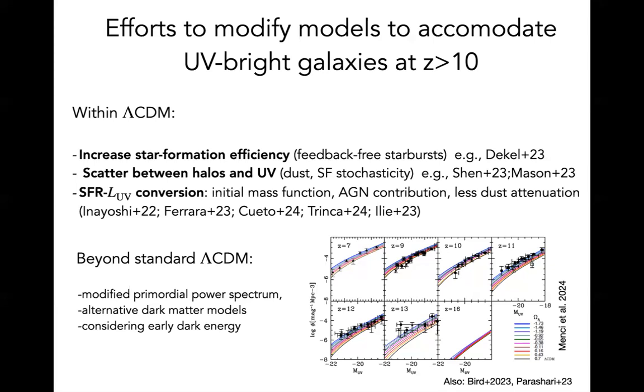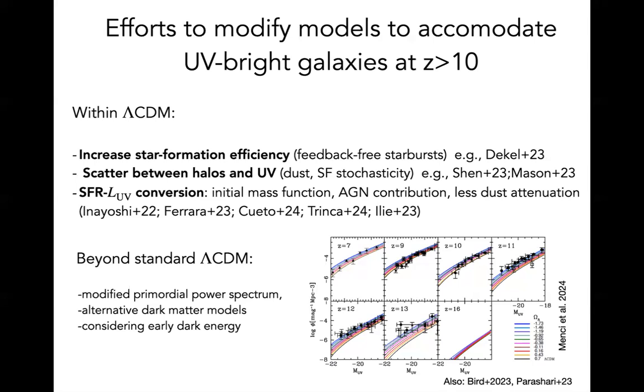Or you can go beyond the CDM models, and there is also a group of works working on this. For instance, they are modifying the primordial power spectrum of the universe at the beginning of the formation. Or you can change the dark matter in your models, so you can try different ones like axions and all different things.